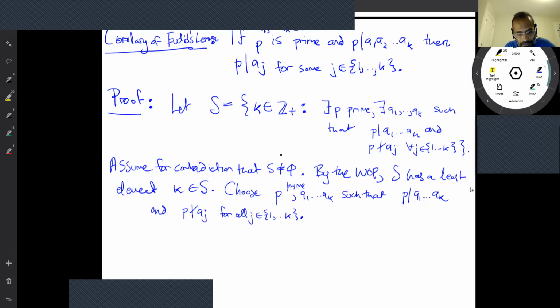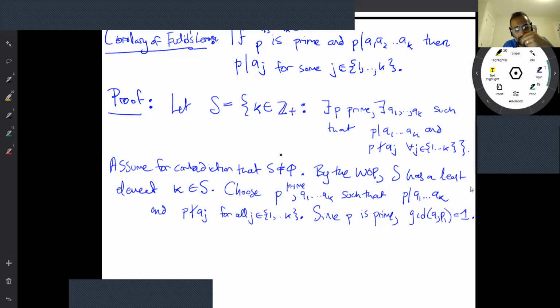P doesn't have any factors other than 1 and itself, so the only common factor of P and A1 is 1. Since P is prime, the GCD of A1 and P is equal to 1.